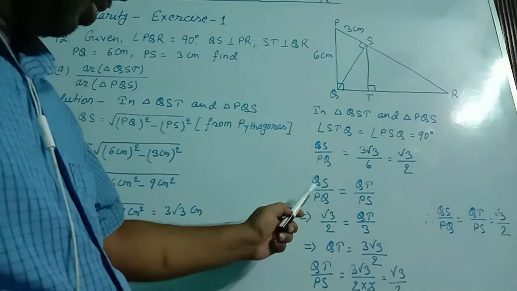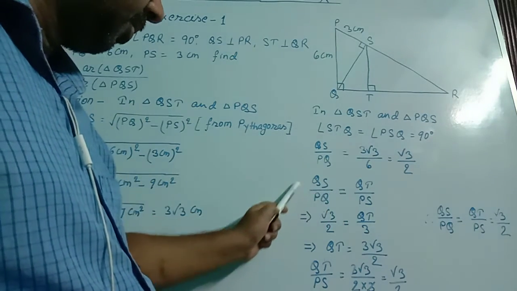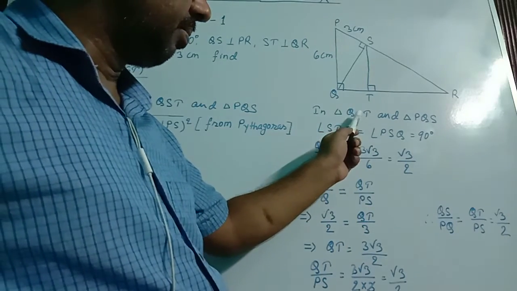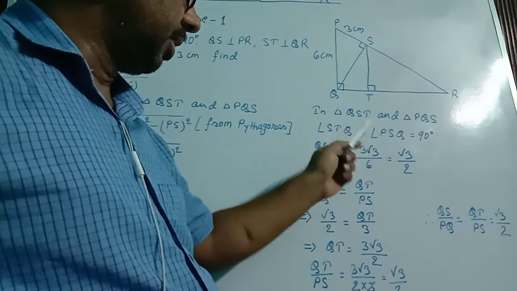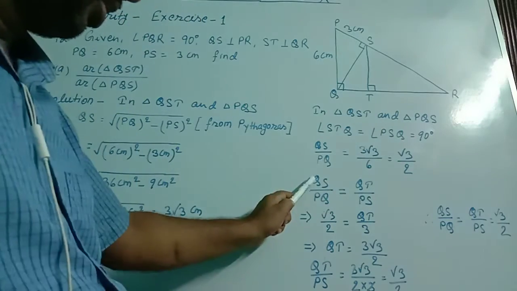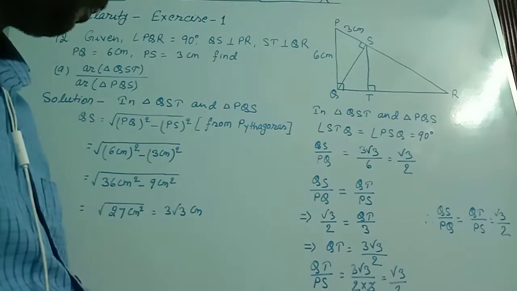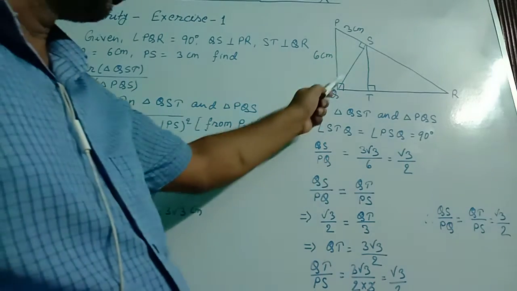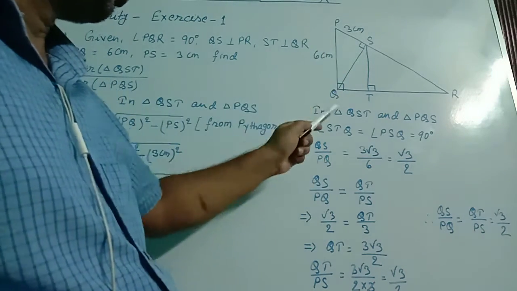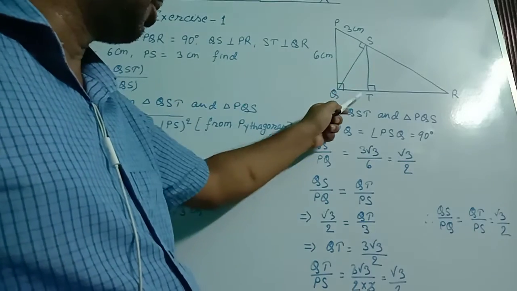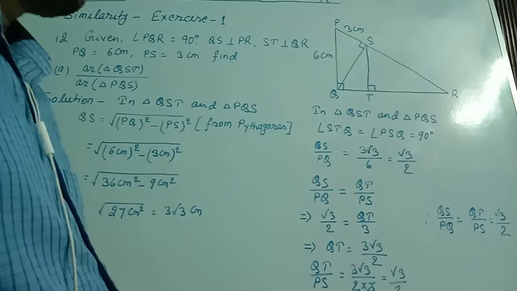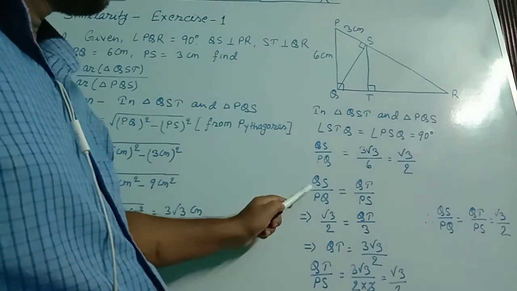I got the value of QT from this property. Whether these two triangles are similar or not, we don't know, but if they are similar, then the ratio of the corresponding sides will be equal. So from there, QS by PQ: QS is the hypotenuse of triangle QST and PQ is the hypotenuse of triangle PQS, so QS and PQ are the corresponding sides.